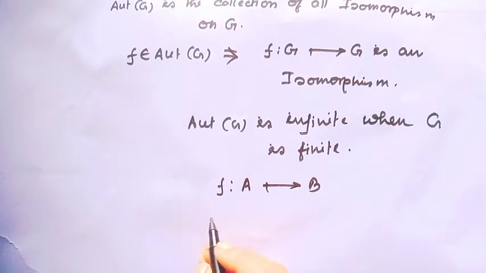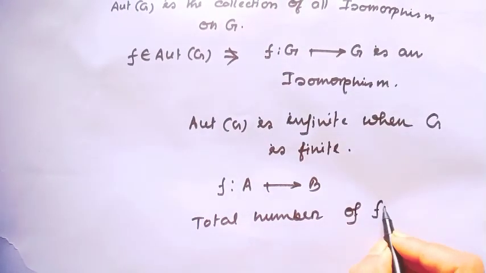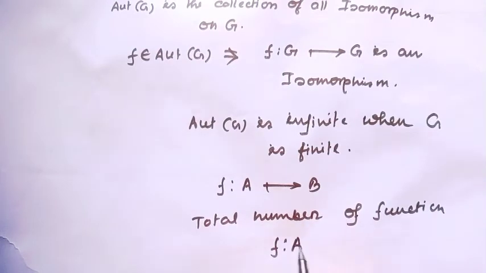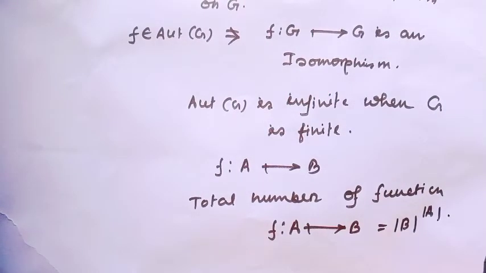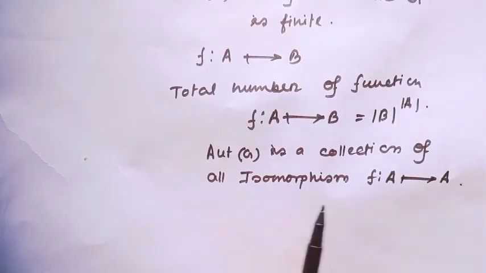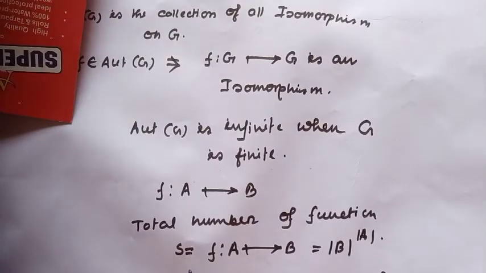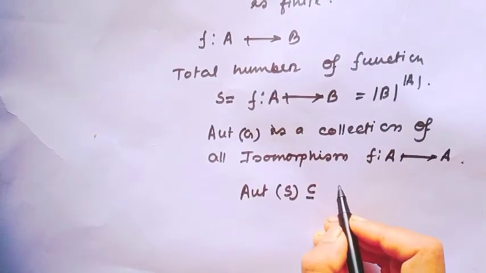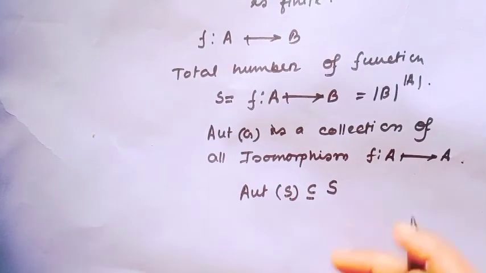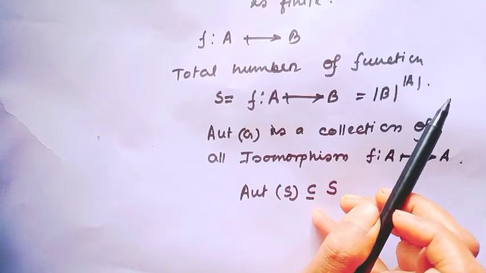Then we all know the total number of functions from A to B will be the cardinality of B to the power cardinality of A. This is the total number of functions, and Aut(G) is the collection of all isomorphisms f from A to A. If the total number of functions is denoted as S, Aut(G) will always be a subset of S. And if A and B are finite, then the total number of functions will always be finite.